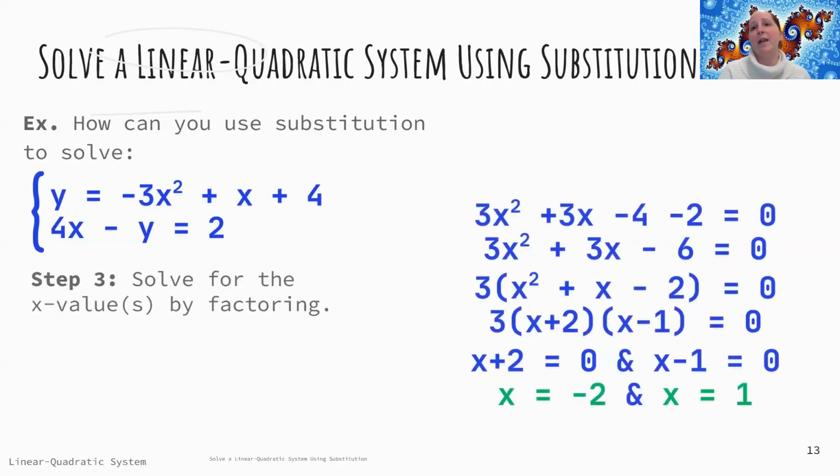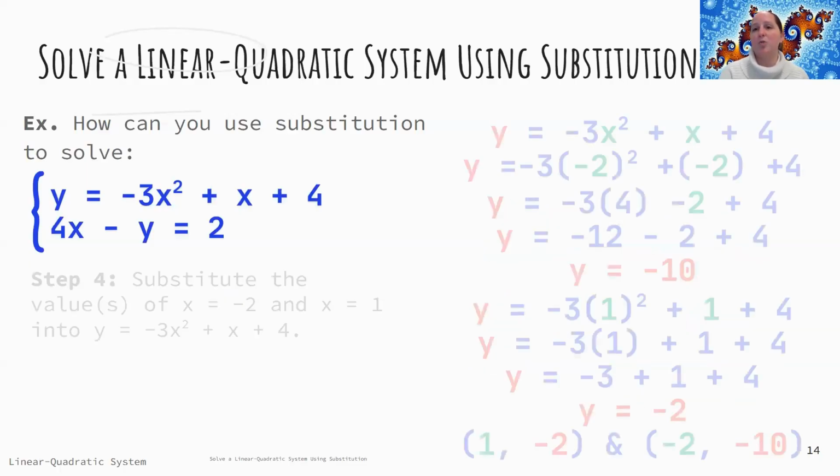I can then solve by factoring. 3x squared plus 3x minus 6, I take out a 3 from all of that, so I get 3 times x squared plus x minus 2. x squared plus x minus 2 does factor into x plus 2 times x minus 1. I set each of those factors equal to 0 and solve. So x plus 2 equals 0, so x equals negative 2, and x minus 1 equals 0, so x equals 1.